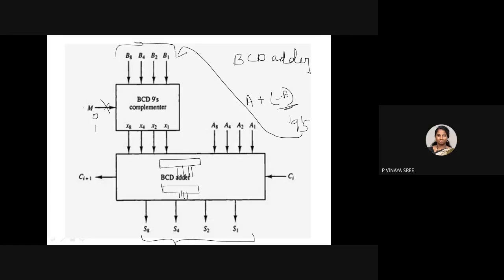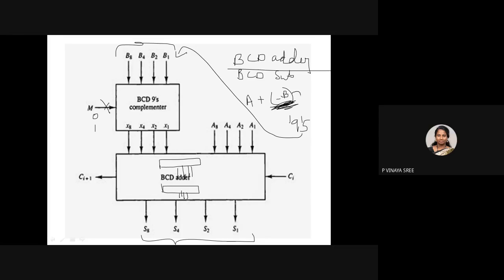This is a control switch. This switch will decide whether it acts as a BCD adder or a BCD subtractor. The only change that we make for switching between subtraction and adder is by the value of M. If it is given 0, the same input will pass. If it is given 1, the nines complement of that will be represented. Why? Because for one operand, we need to do the nines complement.